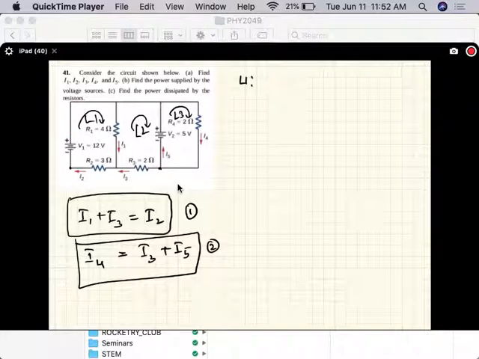So this is plus V1 minus I1 R1 minus I2 R2 equal to 0.